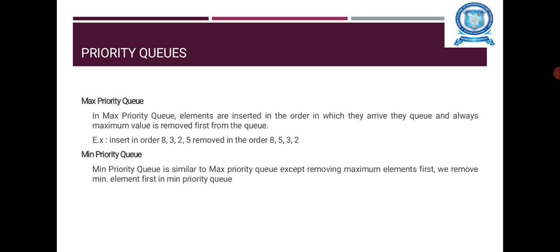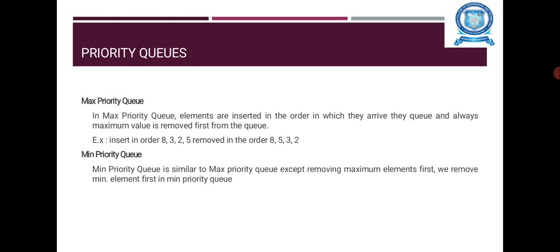This is the priority queue behind the maximum priority queue. The next one is the minimum priority queue. It is just the opposite of the maximum priority queue. The minimum priority queue is similar to the maximum except that instead of removing the maximum element first, we remove the minimum element first.